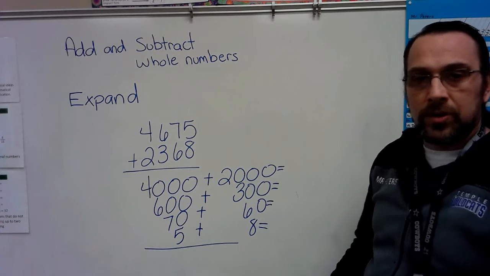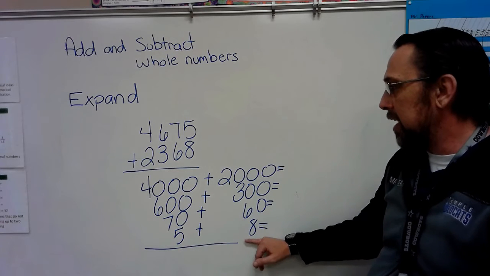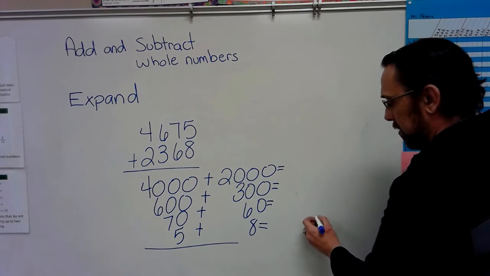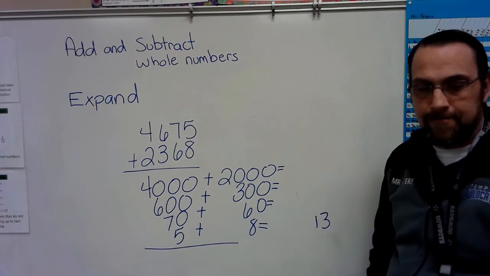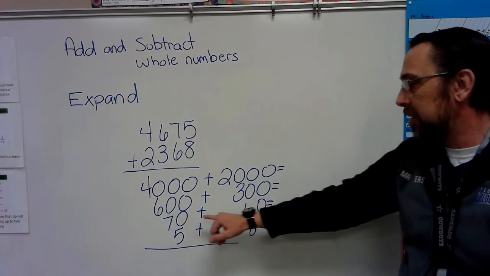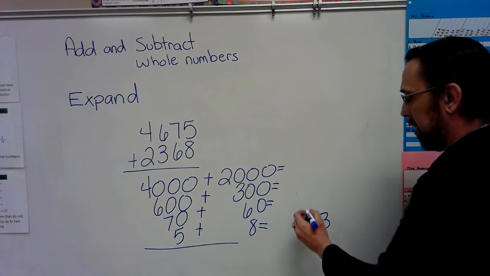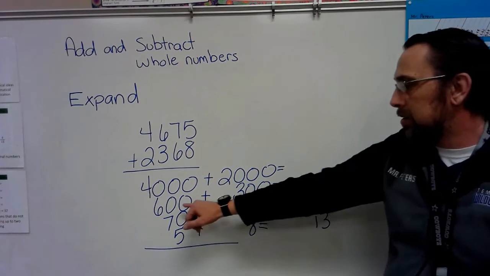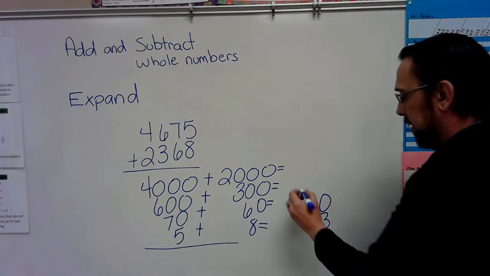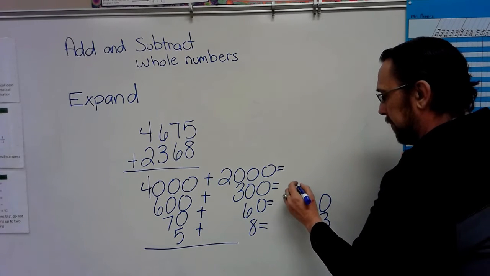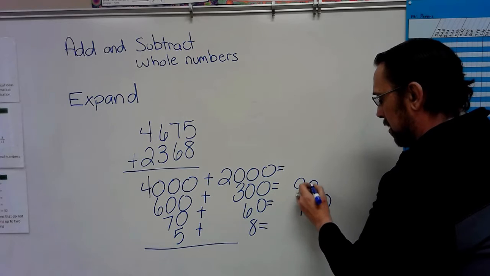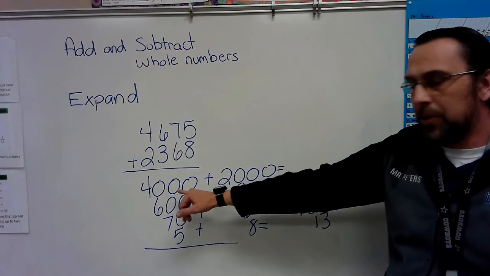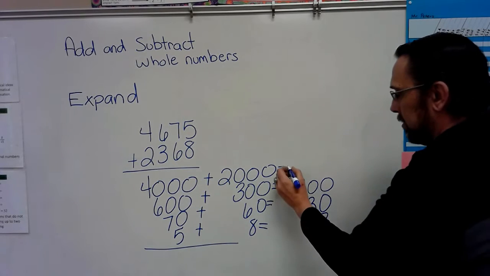I will start with the smallest place value, which is the 5 and the 8. 5 plus 8 is 13. 70 plus 60 is 130. 600 plus 300 is 900. 4,000 plus 2,000 is 6,000.